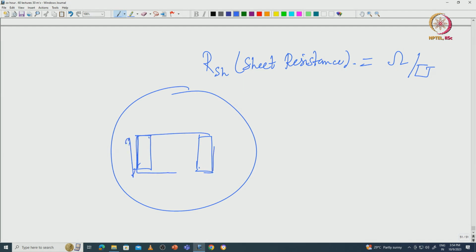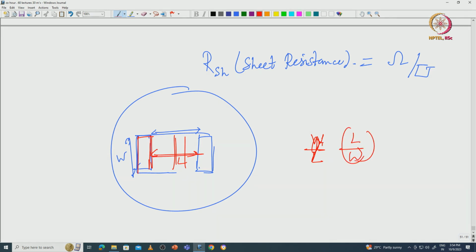If this is your W and this spacing between them is L, okay. This spacing between them is L. Then essentially how many W's can you fit in here, that is your L by W. L by W tells you how many W's can you fit.